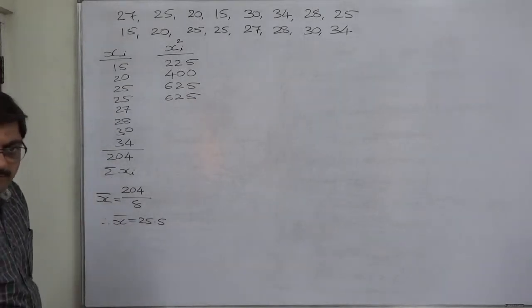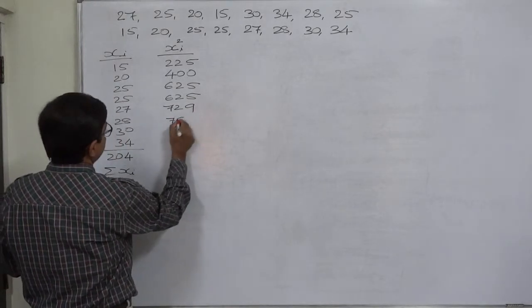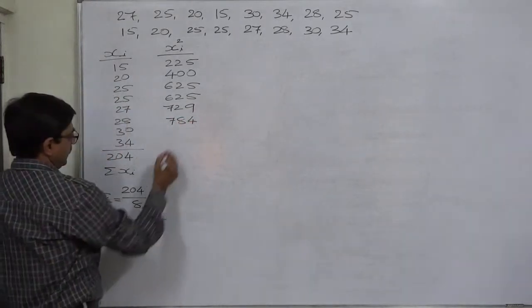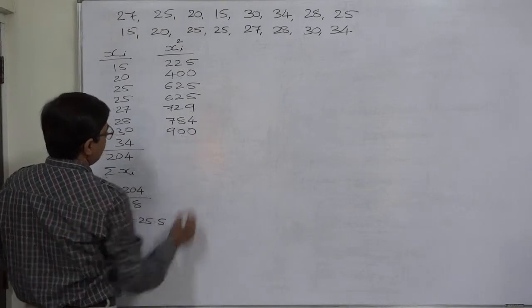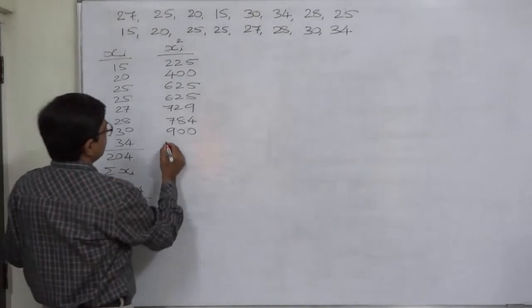What is the square value of 27? 729. Then 784. Then 900. And what is the square value of 34? 1156.